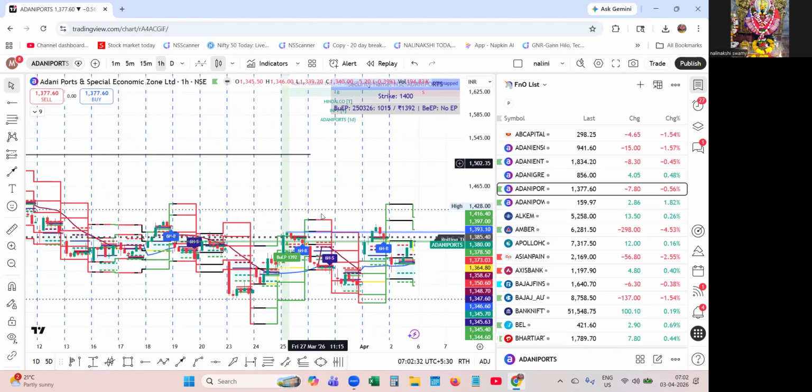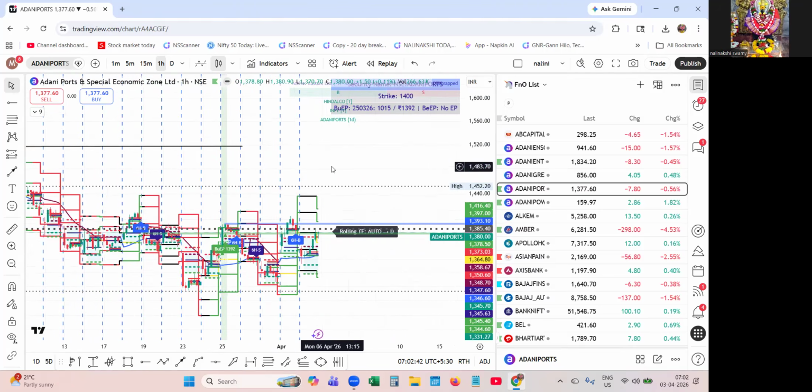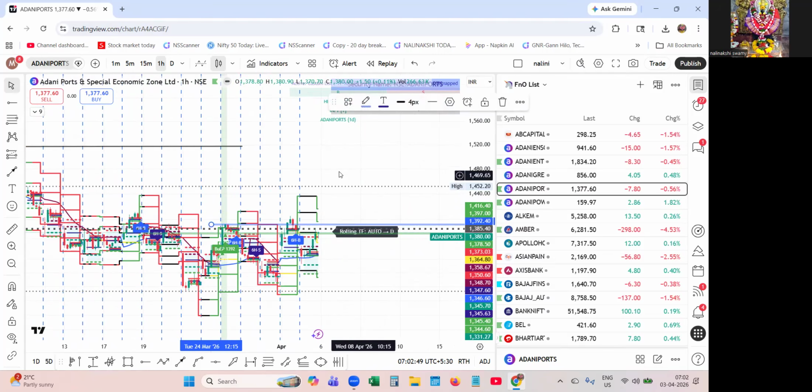It may not be a very easy run because the market conditions are not right. It may start moving one candle up, one candle down. You can look for a swing trade in this month, April. You can consider this stock.